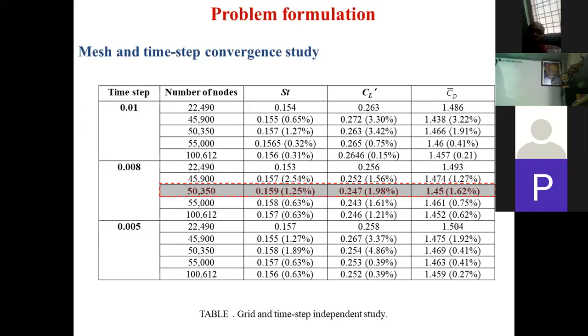It is not possible every time to perform experiments for all the prototypes in the experimental laboratory. So if we have the computational resources, then we go for CFD. Once you identify your optimum number of nodes, we can compare these results with earlier published results or with experimental results. It will give confidence about your generated results.